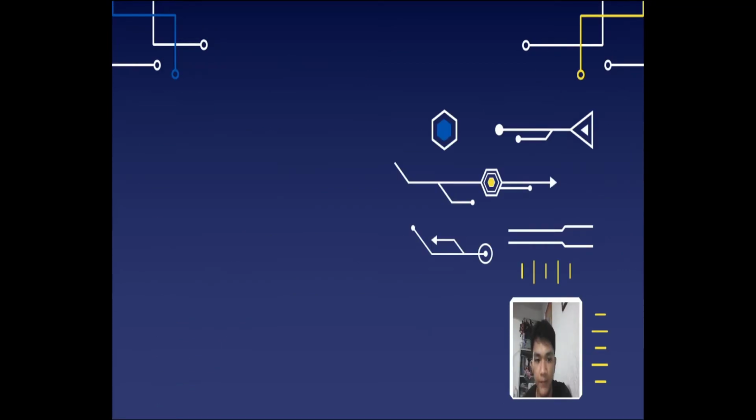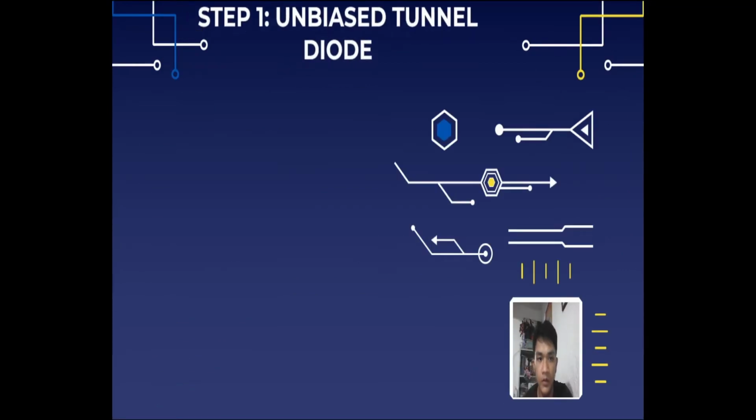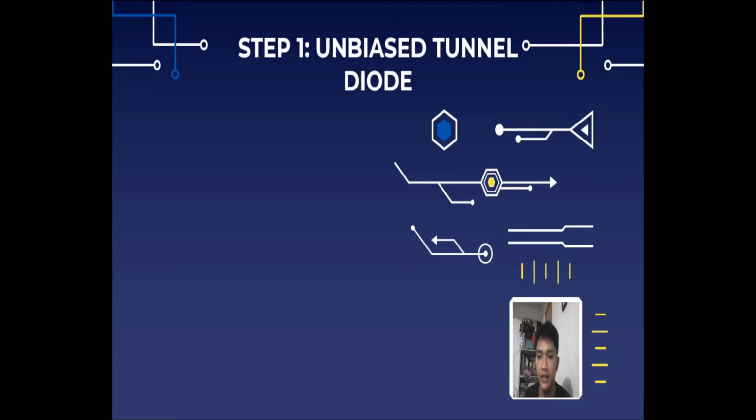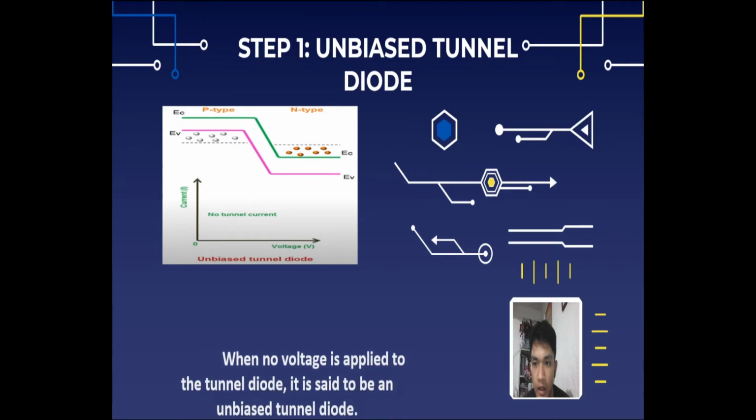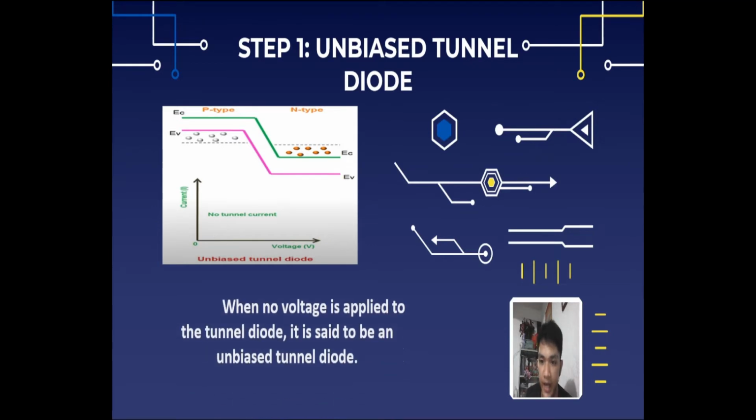For step 1 is the unbiased tunnel diode. You can see the diagram. When no voltage is applied to the tunnel diode, it is said to be an unbiased tunnel diode.